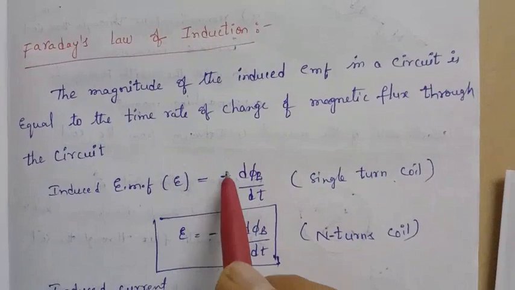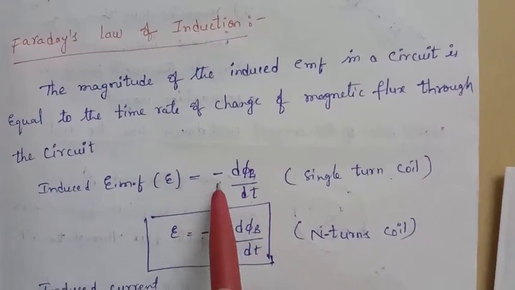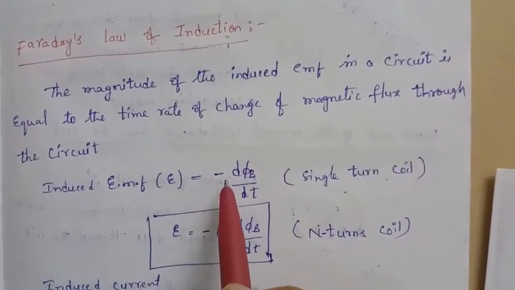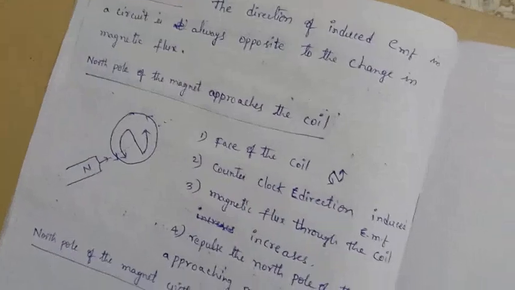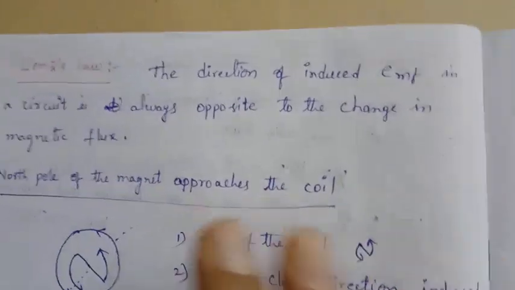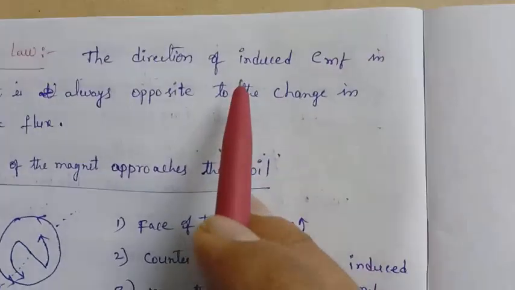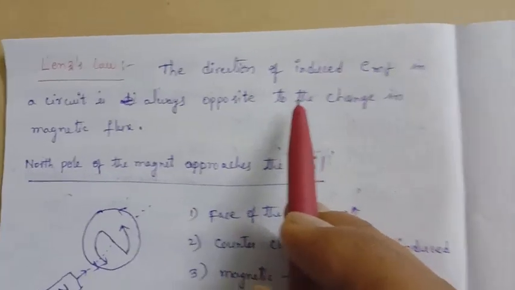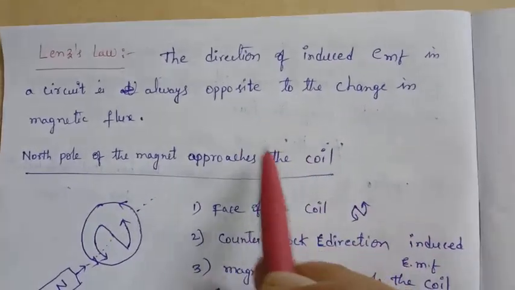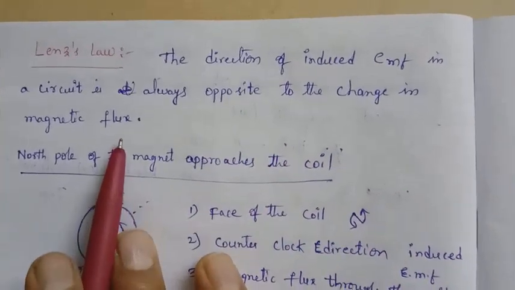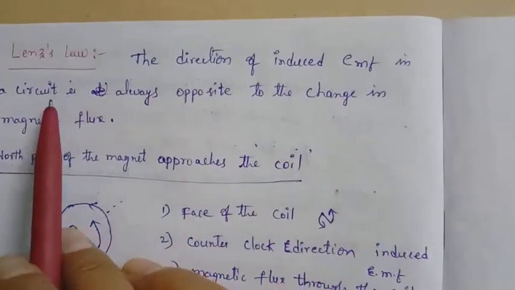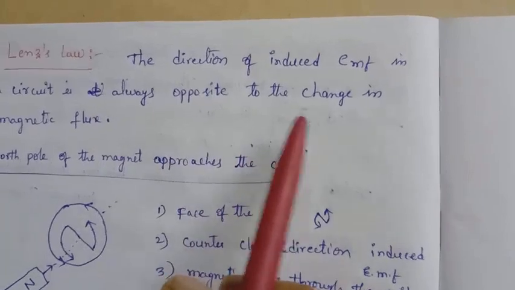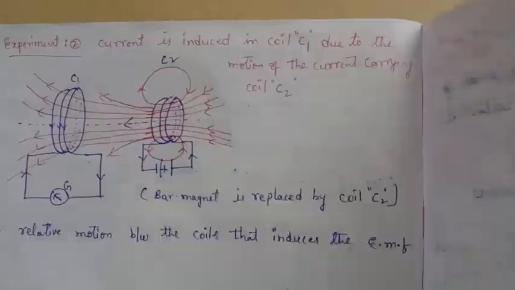Why do we take the negative sign? Because the induced EMF is in the opposite direction. That is given by Lenz's law. What is Lenz's law? The direction of induced EMF in a circuit is always opposite to the change in magnetic flux.